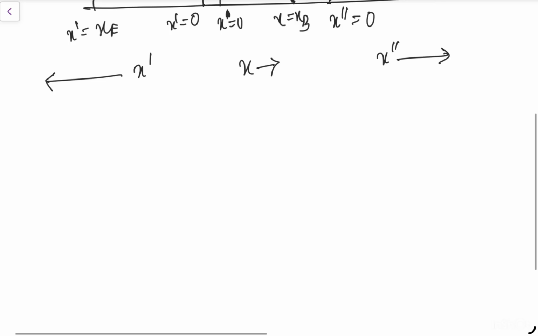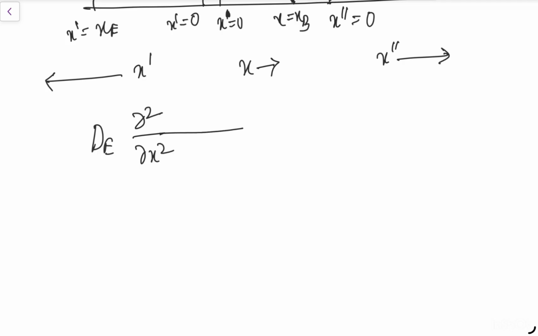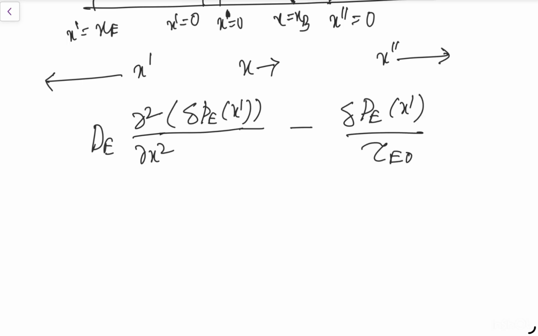After this we can start with the emitter region. We rewrite the ambipolar transport equation that we have already written for the base region, for the emitter region: De times d squared delta pe(x dash) by dx dash squared, minus delta pe(x dash) over tau e0, equals 0.